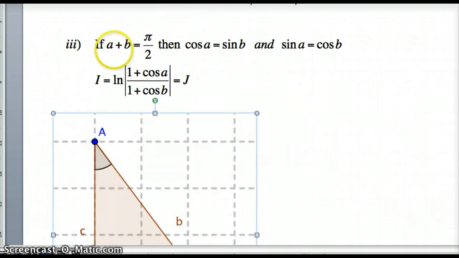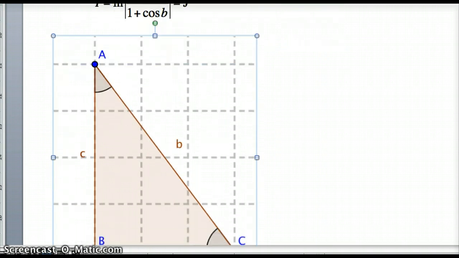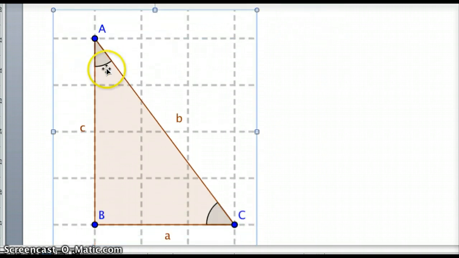We're told that alpha plus beta is 90. Now, if a plus b is 90, imagine that's your a and your, well, it doesn't really matter what the labels are. If you've got two angles in a right angle triangle, if two of the angles add to 90, they're very closely related.